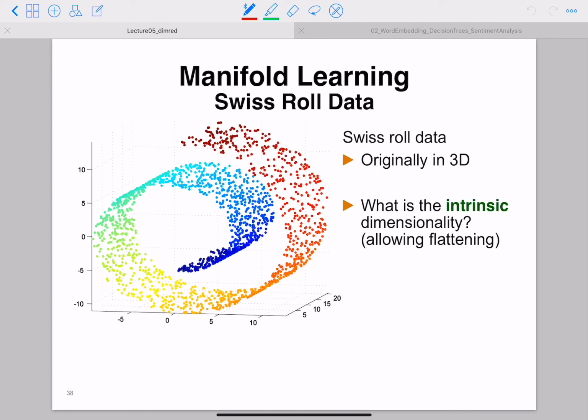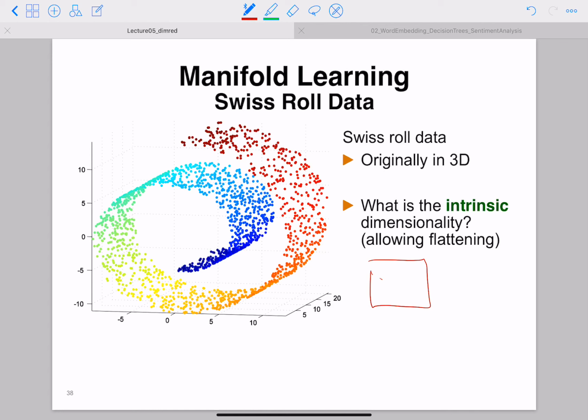And now the next thing is manifold learning. So let's think of the pixel space.